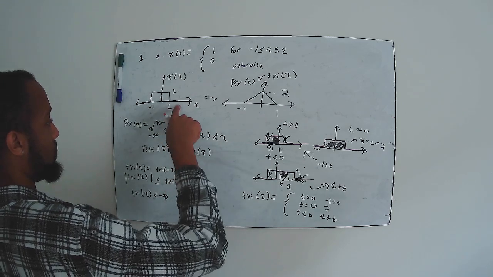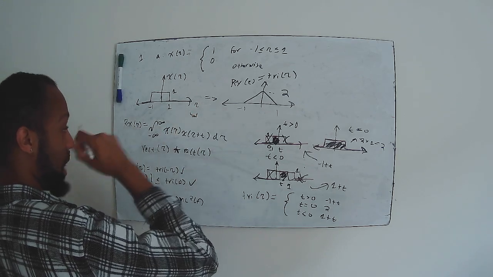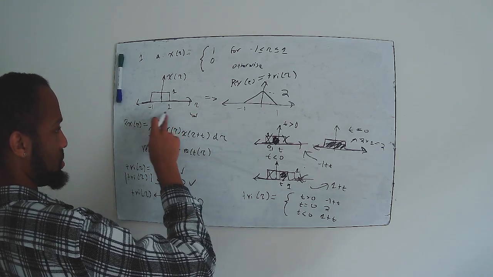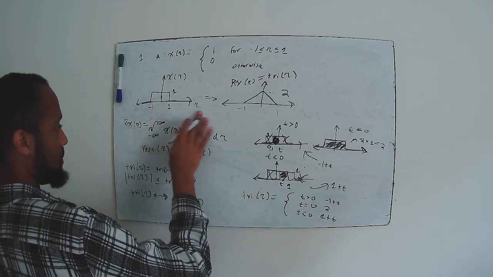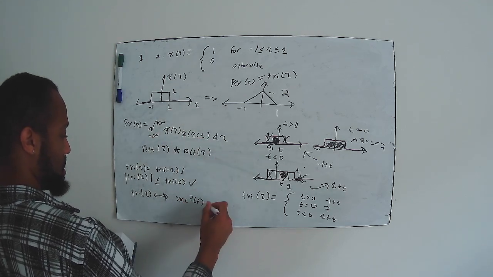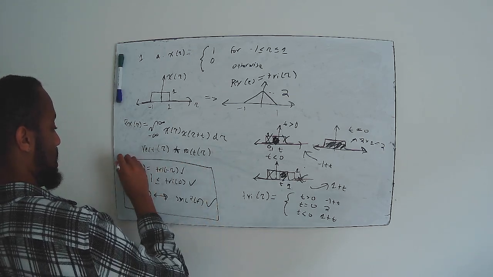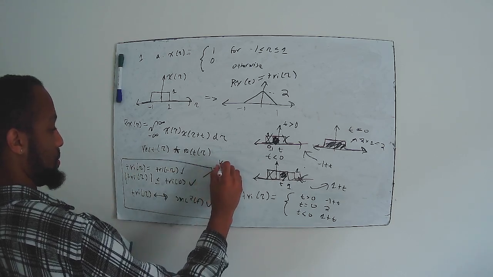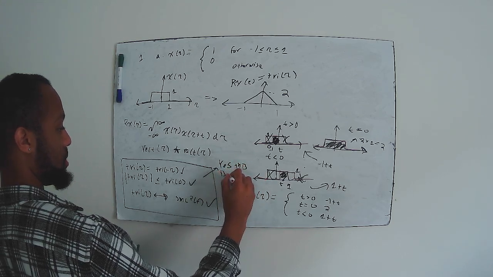That matches up because this is rect of f. If we find the power spectral density, this is a power signal. I'm sorry, this is an energy signal, so take the energy spectral density. It's going to be sinc squared of f. So this matches up, and this checks off as yes. This is an autocorrelation function.